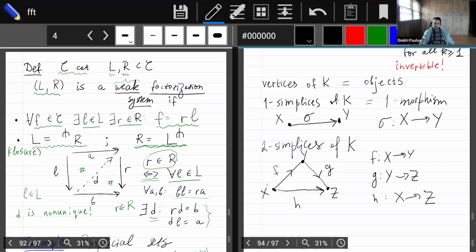And you have the two-simplex that fills it in. Let's call it tau. And you think of tau as a morphism or a homotopy from the composition of f followed by g to h.